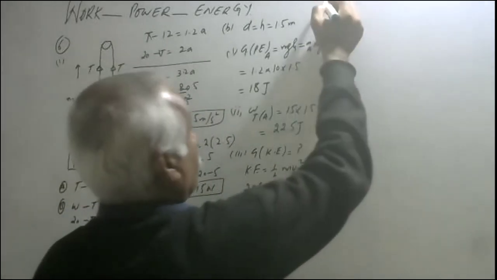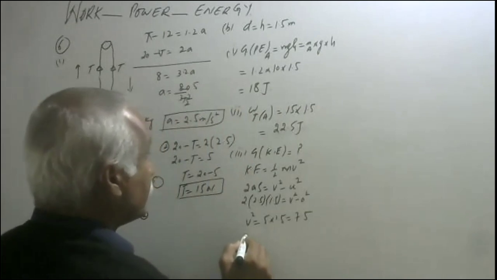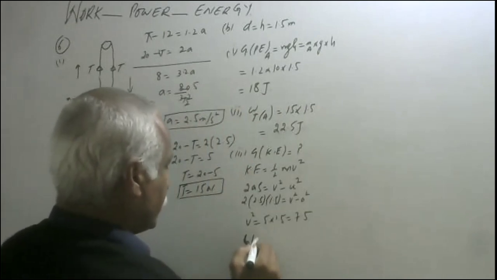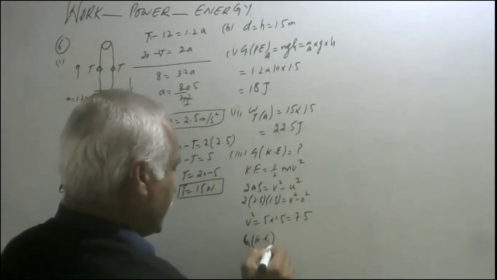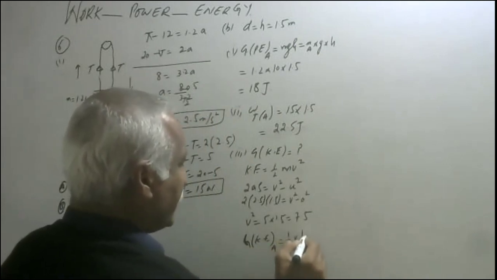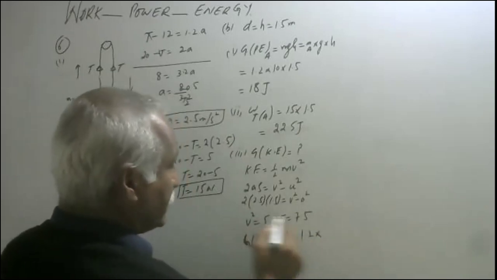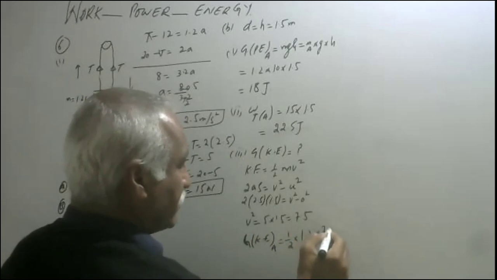Then the gain in kinetic energy of that particle A is equal to half, mass of that one is 1.2, and v square is basically equal to 7.5.